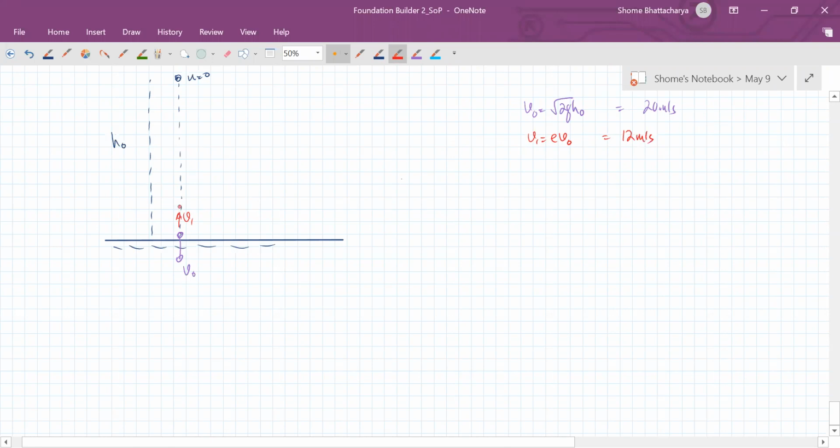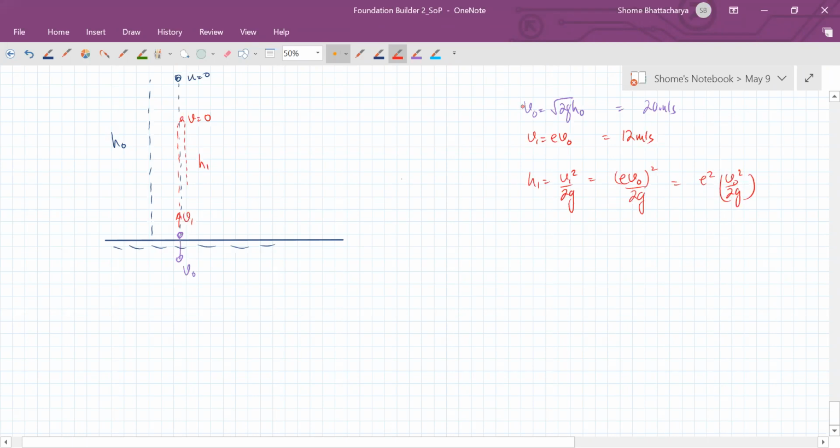So then thereafter, it will go up to a certain height and return back. Now this height will be less because here again v will become 0. So h1 will be equal to v1 square by 2g. So it will be equal to e v naught whole square by 2g, so it will be e square times v naught square by 2g.